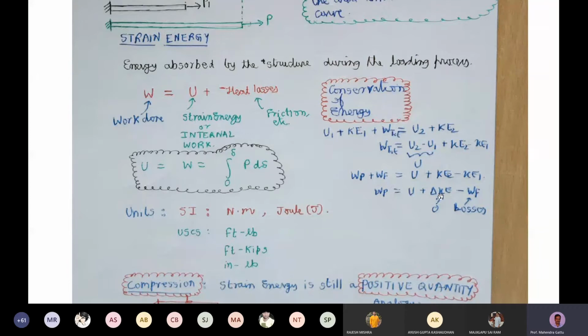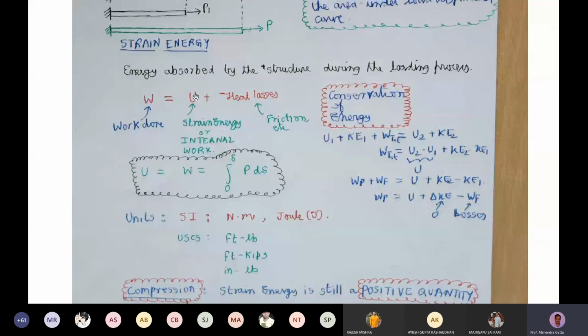For dynamic case, we have to consider the kinetic energy terms. So for this specific problem, work done by the external loads is equal to the change in the potential energy. So that is what we are writing here. So this potential energy, or whatever energy is stored in this body, we call it strain energy.